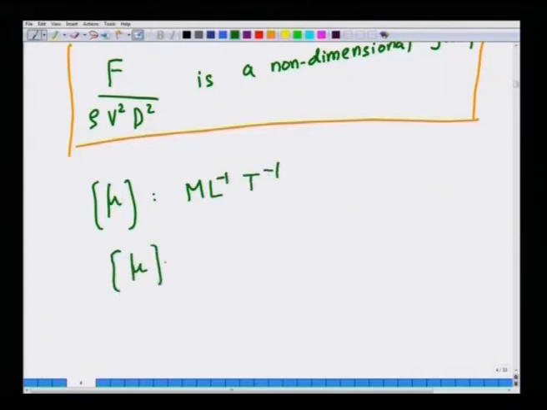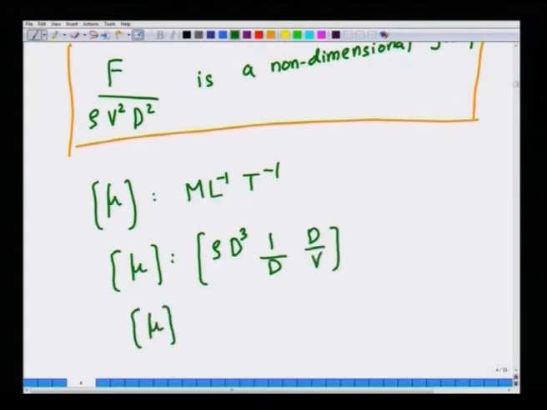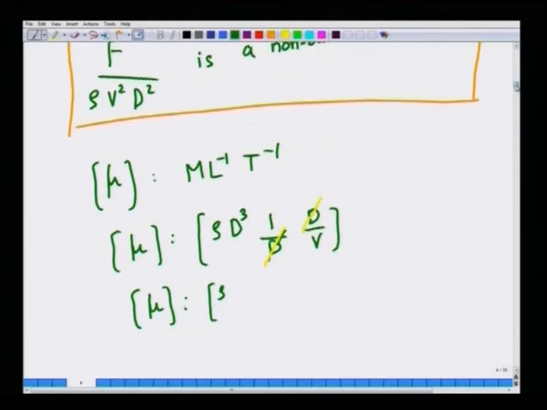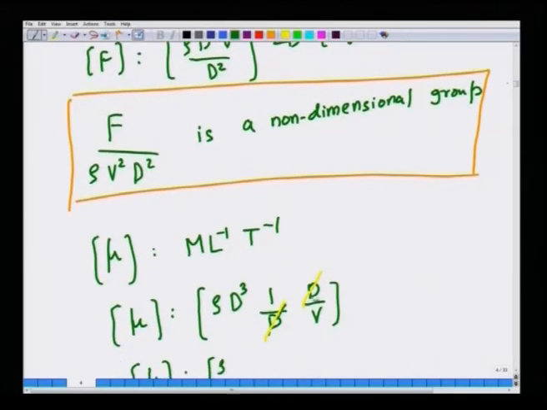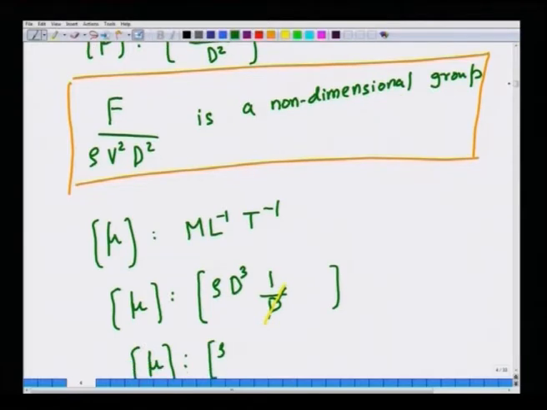So, the dimension of viscosity will be the same as rho d cubed, that is mass, length is d, and T to the minus 1 is V over d.